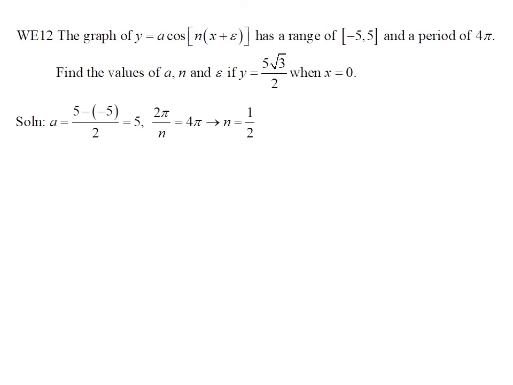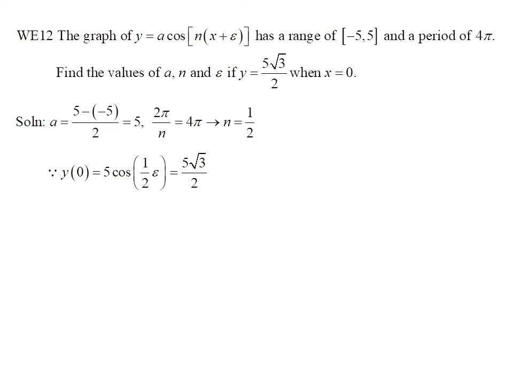According to the given range of the function, a equals (5 minus -5) over 2, which equals 5. Since it has a period of 4 pi, 2 pi over n equals 4 pi. So n equals half.